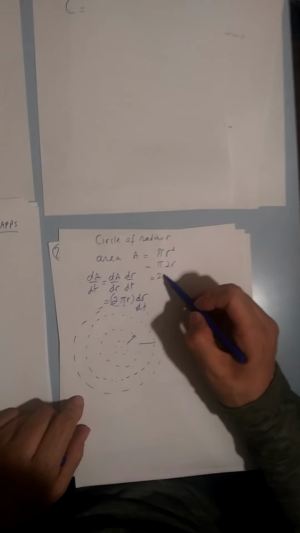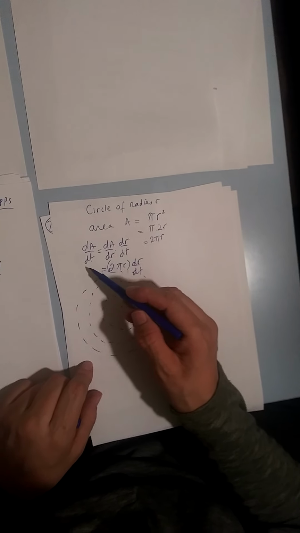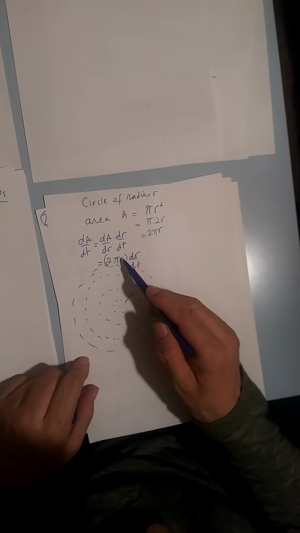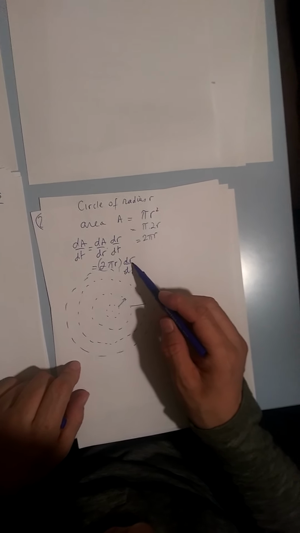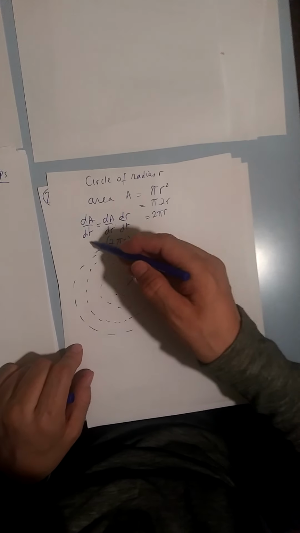So this would be 2 pi r. So dA/dt is 2 pi r times dr/dt. This is the rate of change of area, equal to 2 pi r times the rate of change of radius. So when the radius increases, the area increases by this amount.